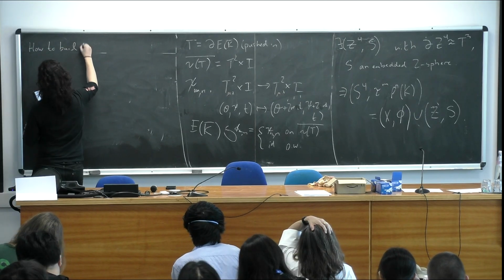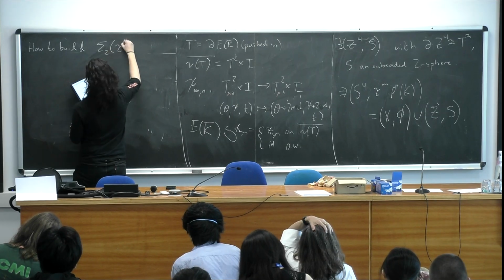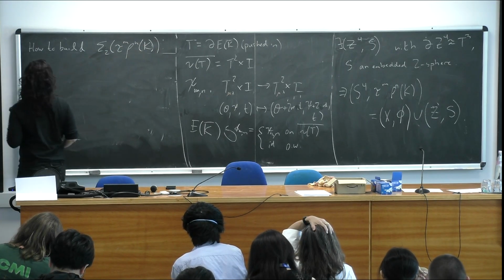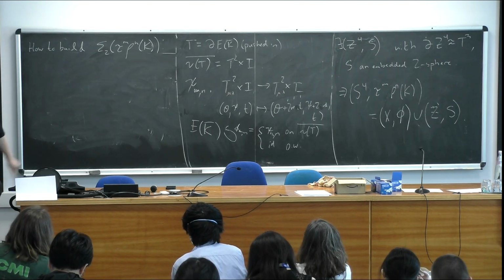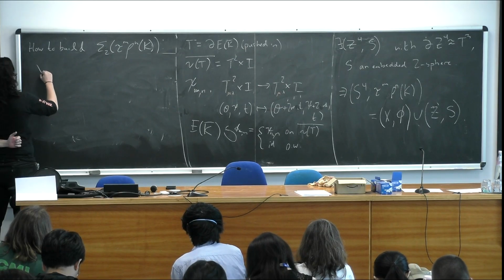So how do we build the double branch cover of this two knot? Well, under this construction that I did, it's actually not too tricky.